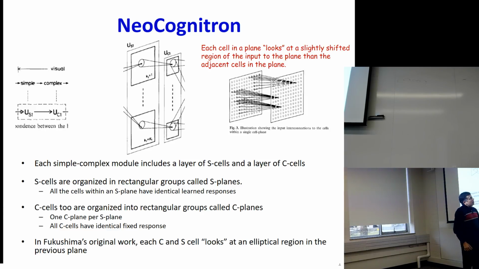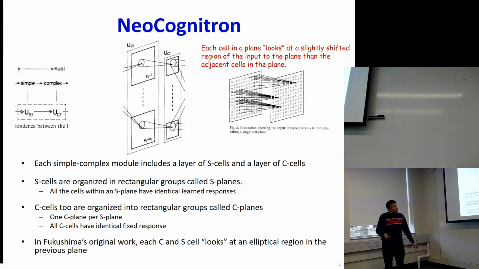Then you have the next S plane, but see something different over here: each neuron in the S plane is looking at all of the C planes from the previous layer. So the way he set it up, now this begins to look familiar, right? This is exactly like what we have in the CNN. So this guy over here is going to look at an elliptical region here and the corresponding elliptical region in every C plane in that layer. Okay? And then you have the next S layer and the next C layer and so on.